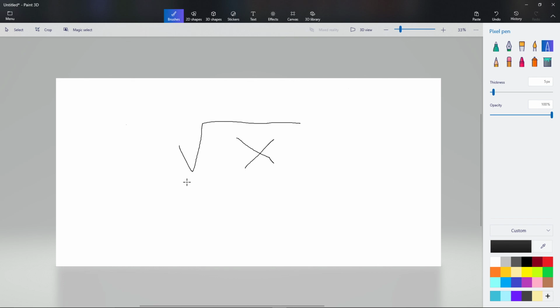Because believe it or not, this is also a form of parentheses. A form of parentheses with an exponent tied to it. And that exponent happens to be a fraction.